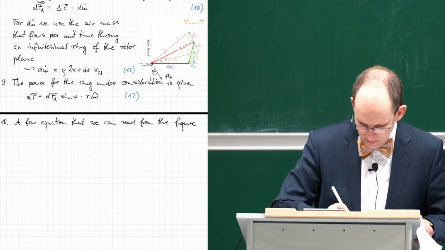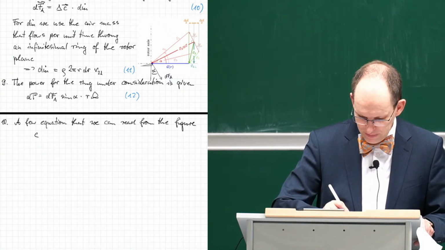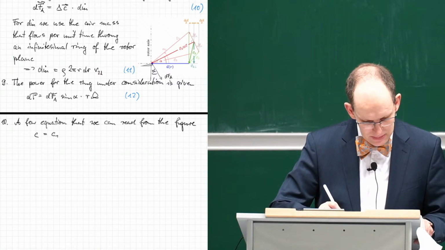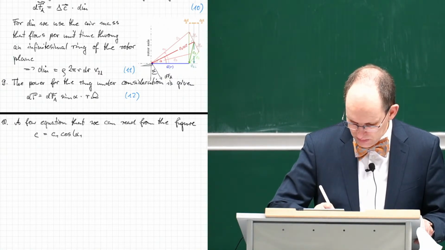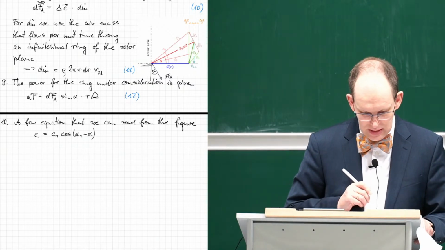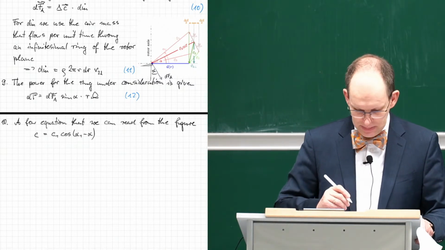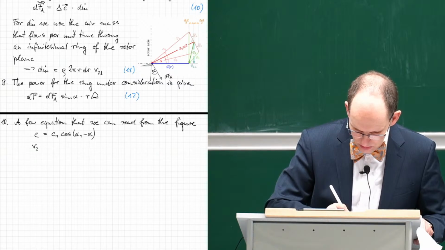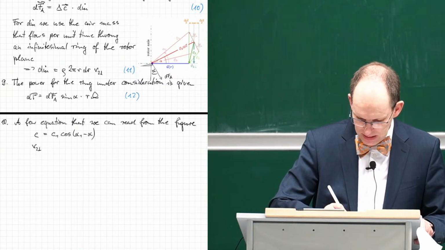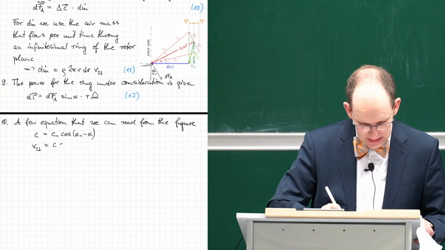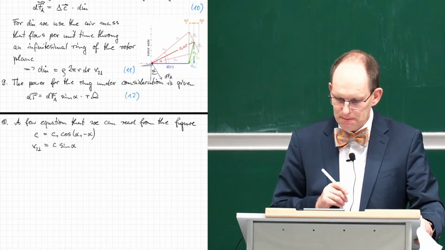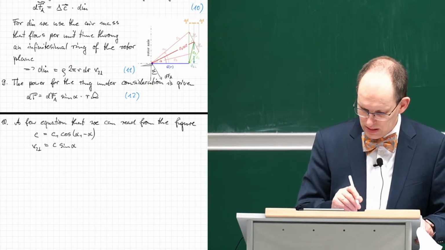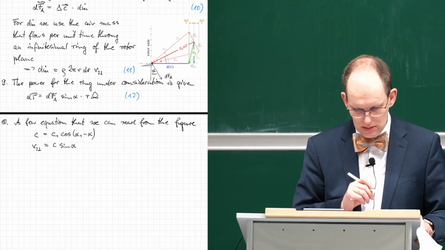So the first one would be that we have C equals C1 times the cosine of alpha 1 minus alpha. The next one is V2 perpendicular is given by C times sinus of alpha, in the same spirit as equation 12.